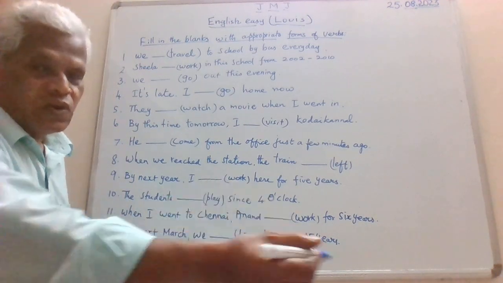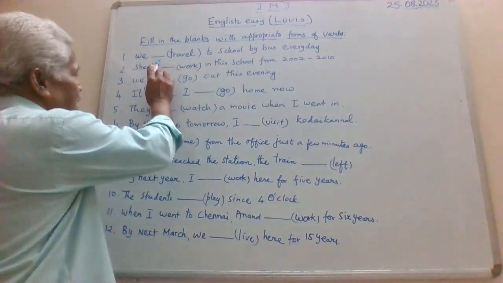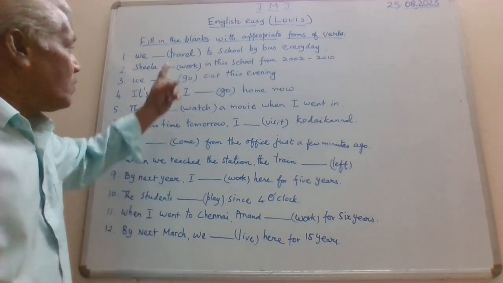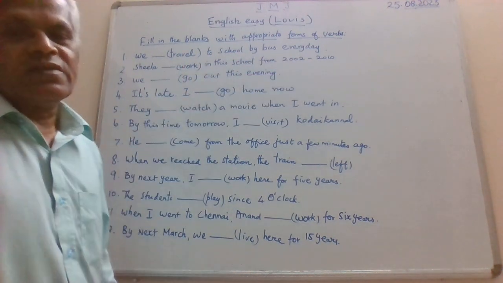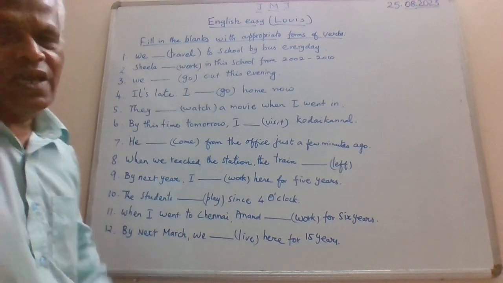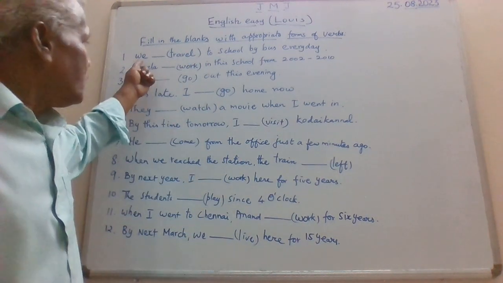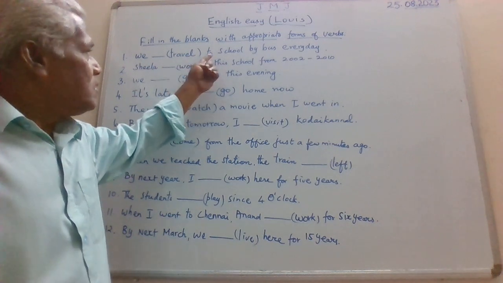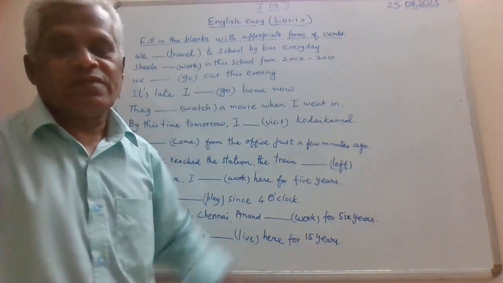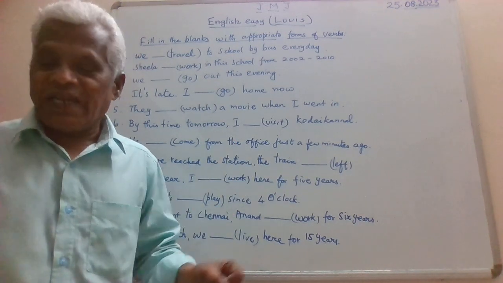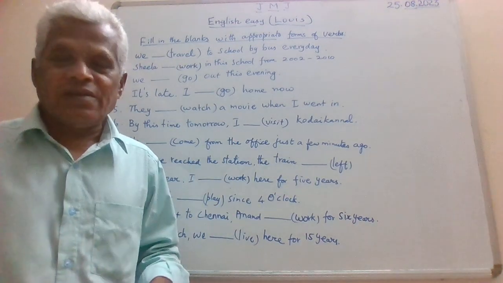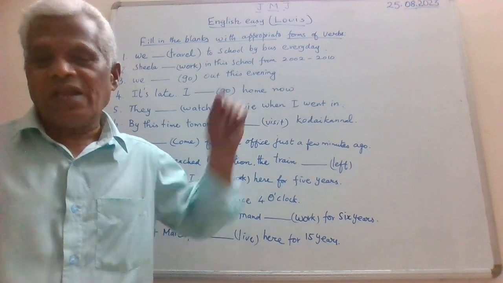Okay, so read the first sentence. We dash, and in brackets you have the verb travel, to school by bus every day. Your main verb is travel here. Look at the sentence and imagine what is the tense that we can use there.